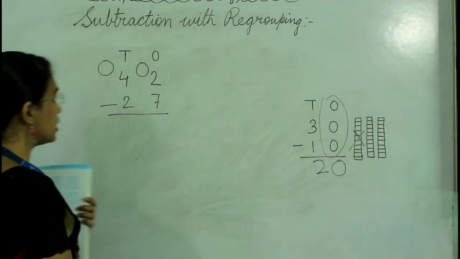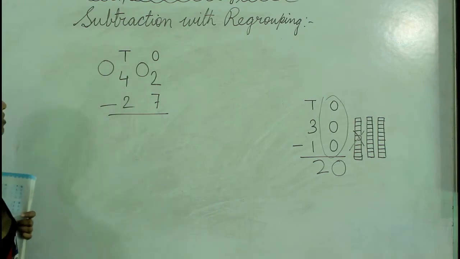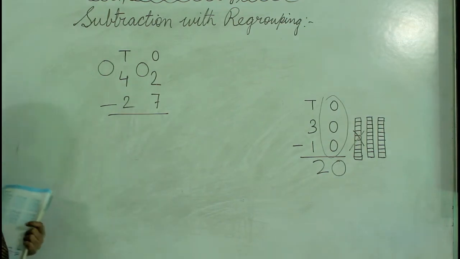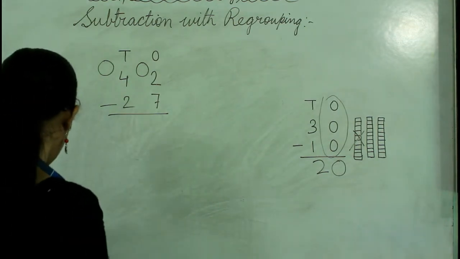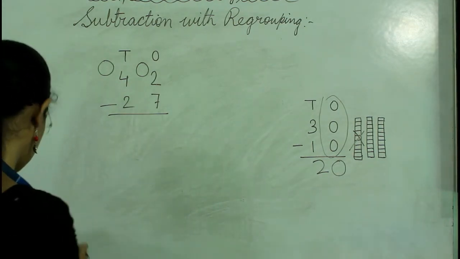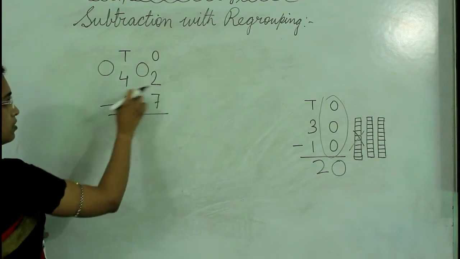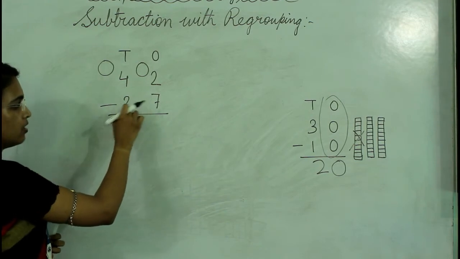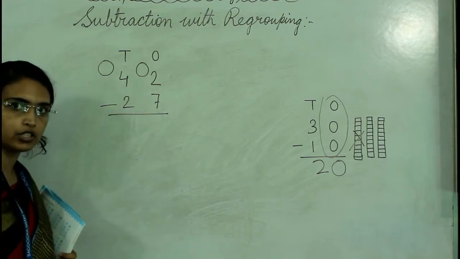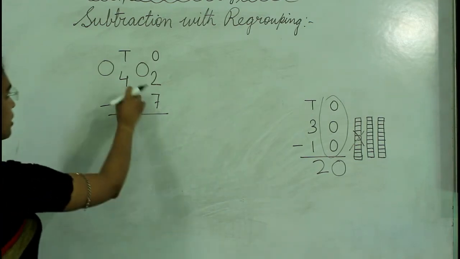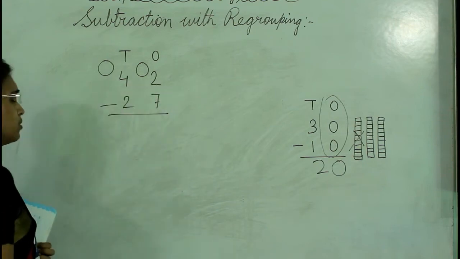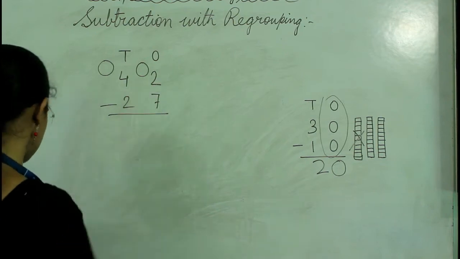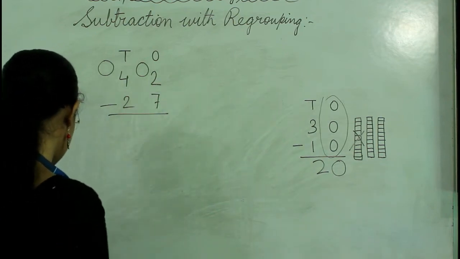Now look here. I have written a question. The question is 42 minus 27. So here we have how many digits? At the top we have 2 digits, and here also we have 2 digit numbers. 4, 2. 42 minus 27.